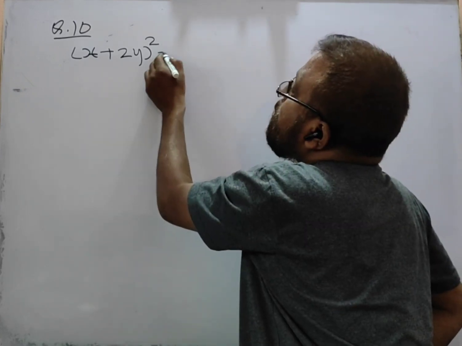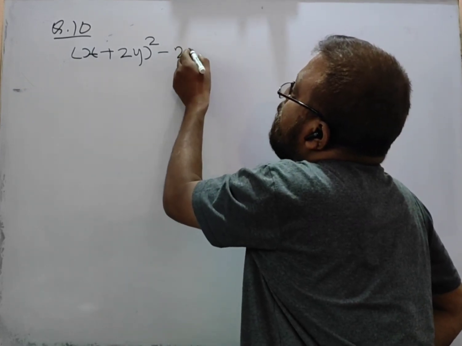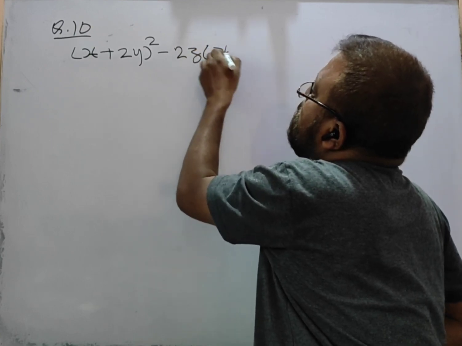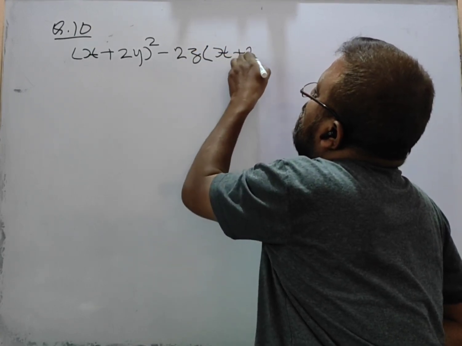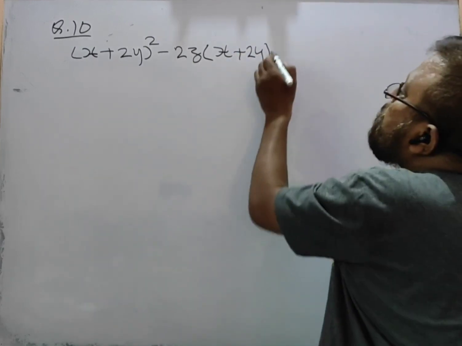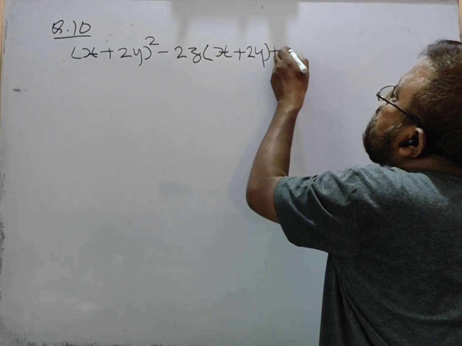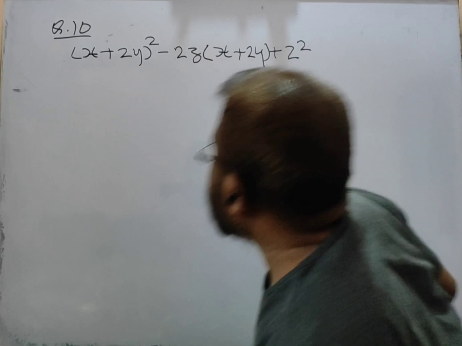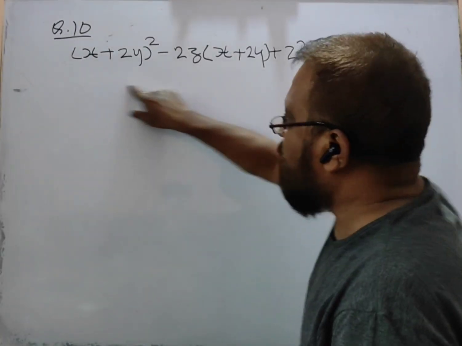Minus 2z bracket x plus 2y plus z square. You get it. This is the question we have.